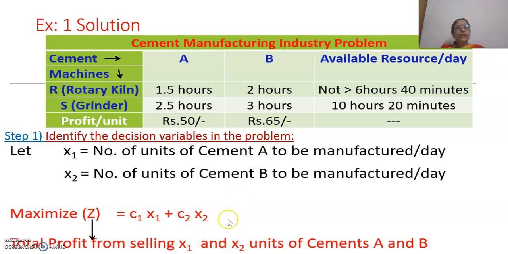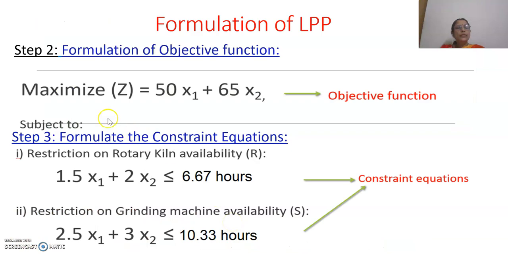So with this we can write the expression with the original data given in the problem. Our objective function becomes maximization of Z equals 50 x1, meaning by selling 1 unit of A, I am able to get a profit of 50 rupees, and I am going to manufacture x1 units of A. That means the total profit by manufacturing x1 units of A is 50 x1.